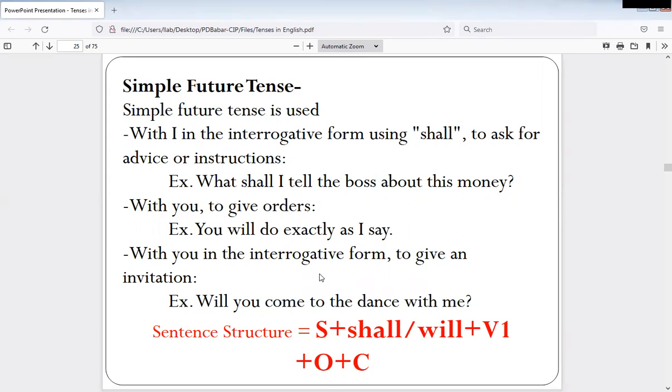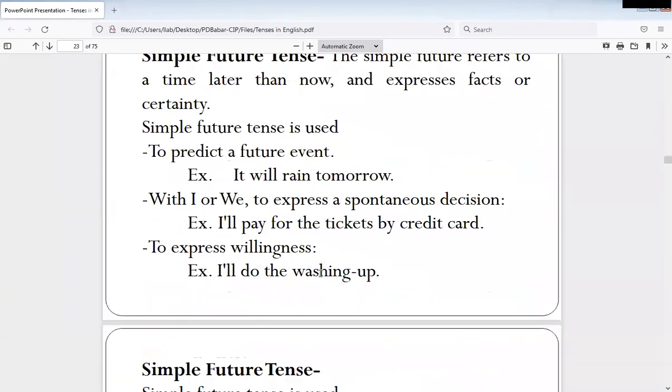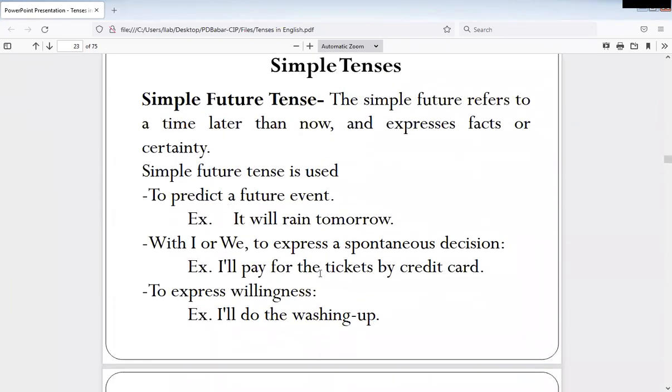So simple future tense refers to a time later than now. Now means present, and the time before, like yesterday, comes in the past tense. Later than now means the time which comes under the future tense.